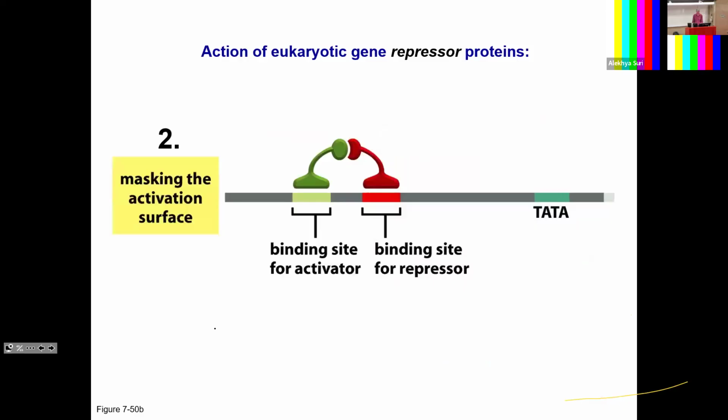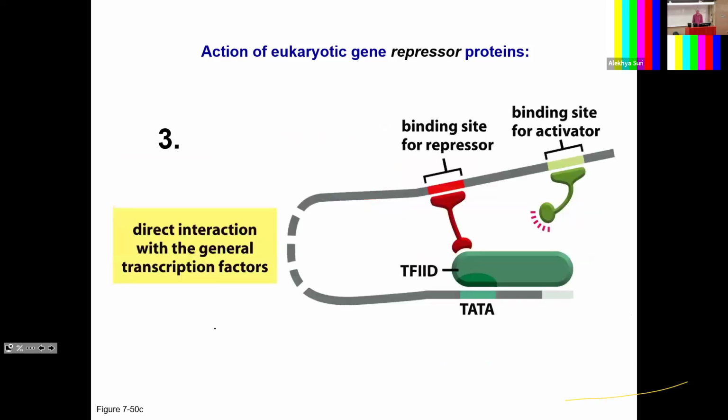So there could be, for example, the binding site blocked by the repressor protein, so the activator protein cannot interact with the RNA polymerase. The looping can also be inhibited, so the activator protein is not getting in contact with the general transcription factor complex, this TFIID, transcription factor 2D.